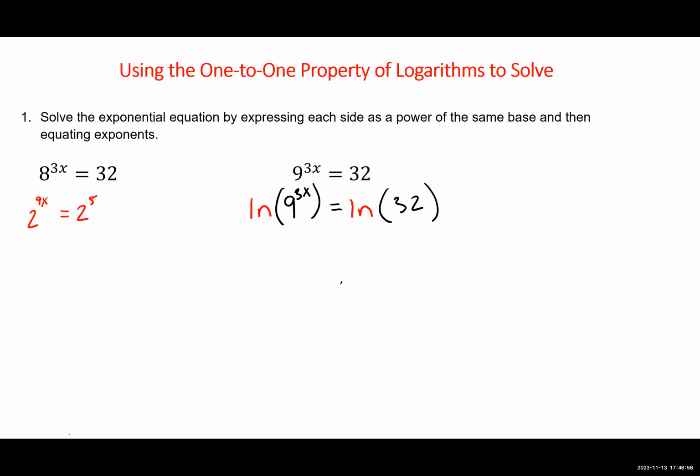Well, we've got a rule of logarithms that says the log base b of a to the c is equal to c times the log base b of a.